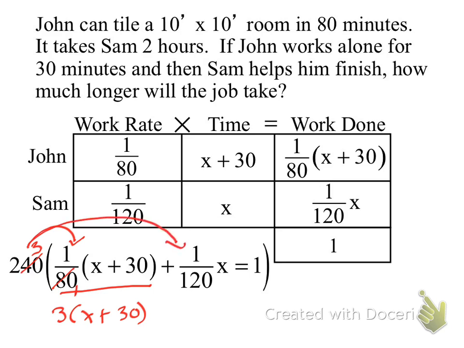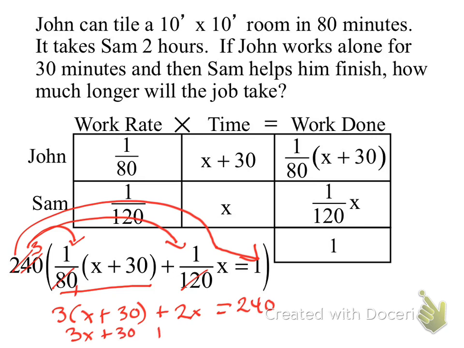And when I distribute here, 120 goes into this plus 2X. And when I distribute the 240 here, what does it become? 240. So I'm going to distribute. I get 3X plus 30 plus 2X equals 240.